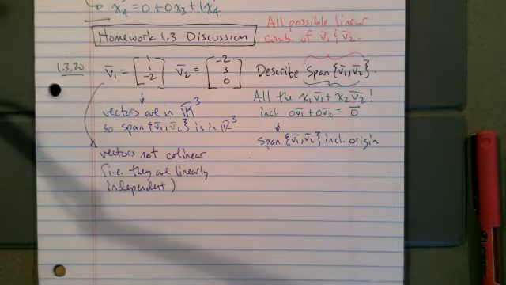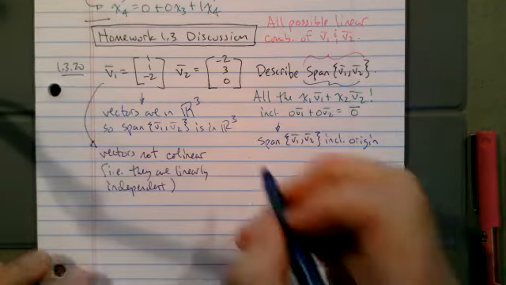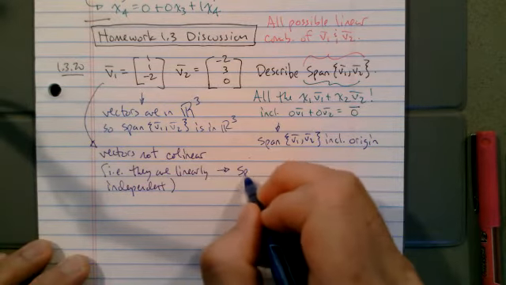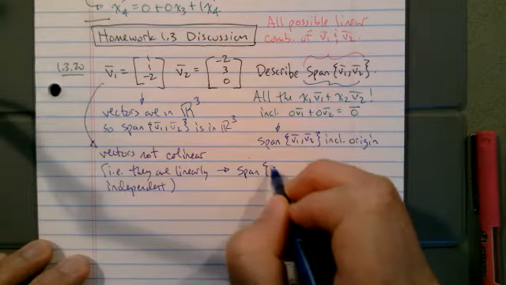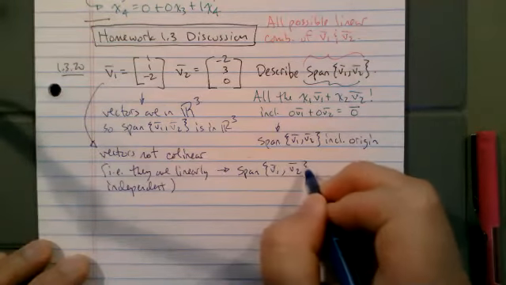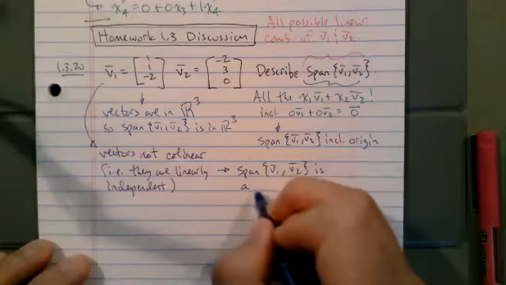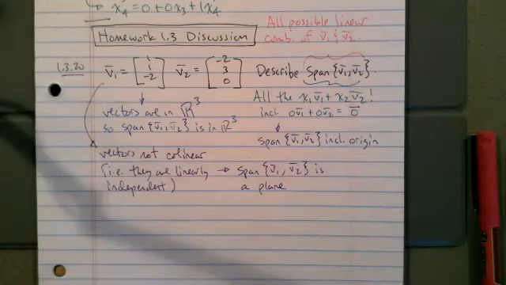The vectors are not collinear, and there are 2 of them, so the span of v1, v2 is a plane. Because there are 2 linearly independent vectors, we get a 2-dimensional span.